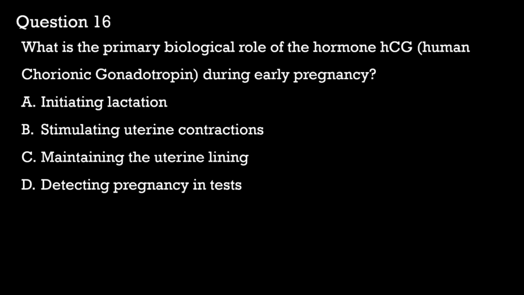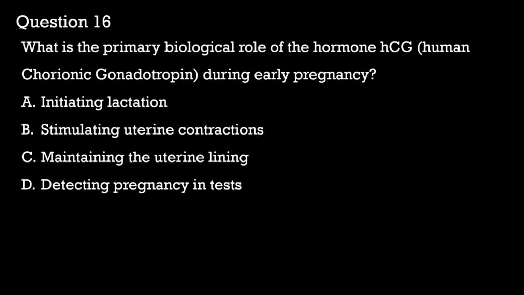In option C, the HCG is actually produced by cells of the developing embryo shortly after fertilization. Its role in early pregnancy is to signal the corpus luteum to continue producing progesterone. Progesterone maintains the thick, nutrient rich uterine lining needed to support the developing embryo.